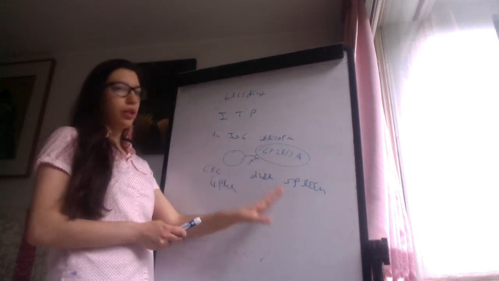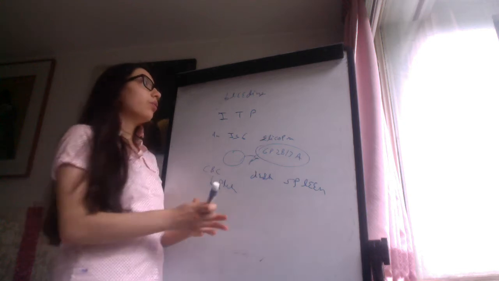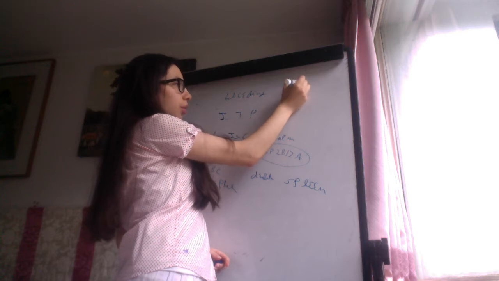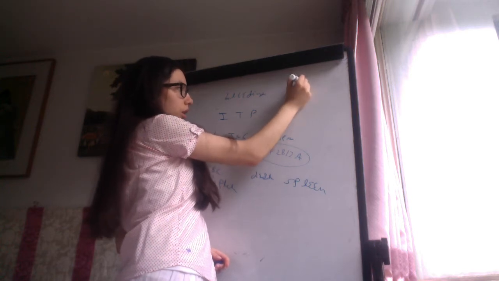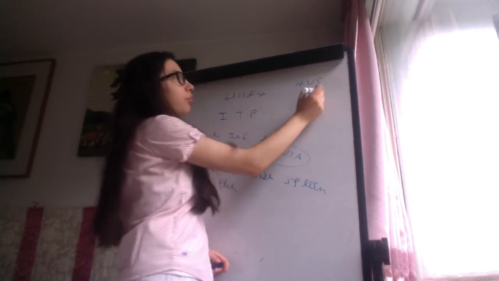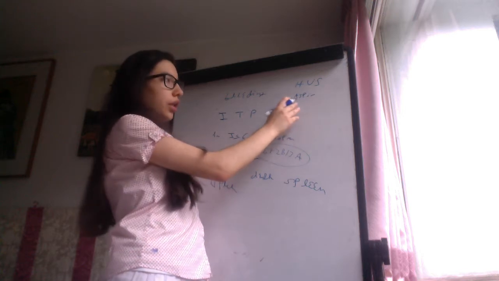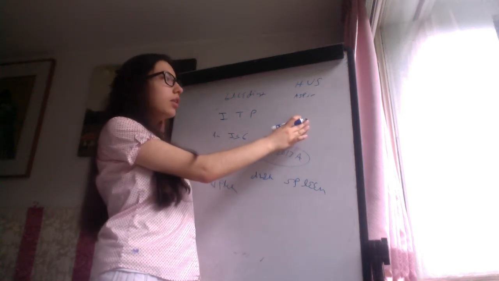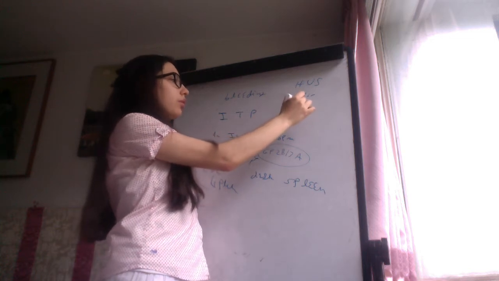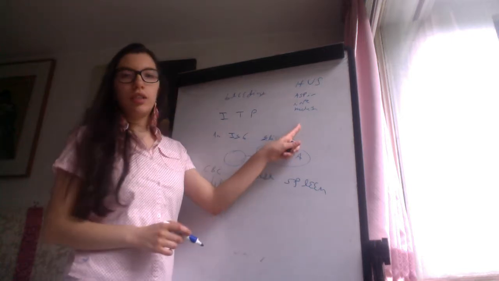Now the diagnosis of exclusion would be any cause of thrombocytopenia. This includes, for example, hemolytic uremic syndrome, aspirin, or other drugs that decrease the platelets, sulfa drugs, infections, malignancies, things that decrease the platelets.